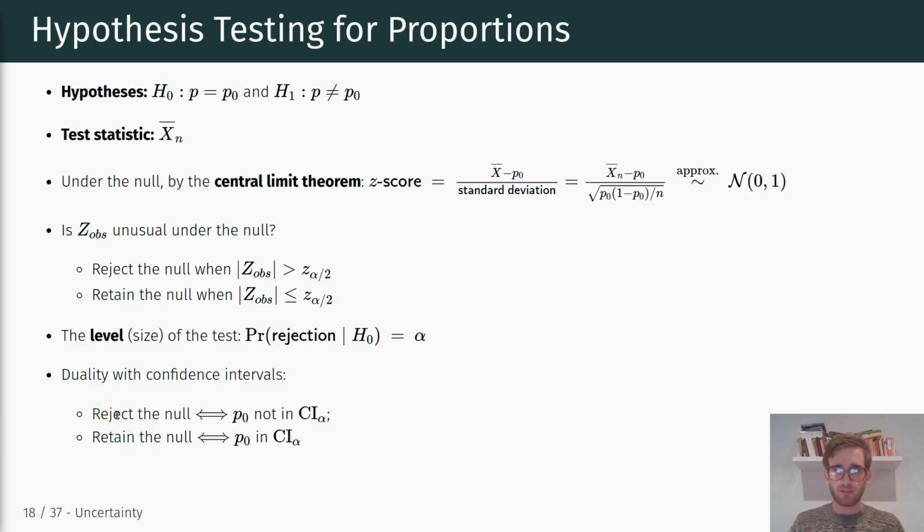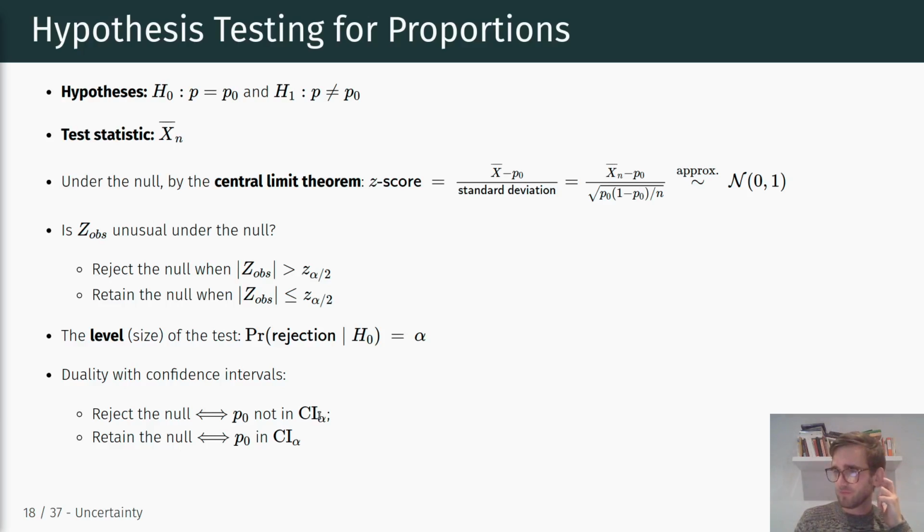And this is kind of equivalent. Rejecting the null hypothesis for a given confidence level is essentially equivalent to p0 being either included or not included in the confidence interval for that specific level, right?